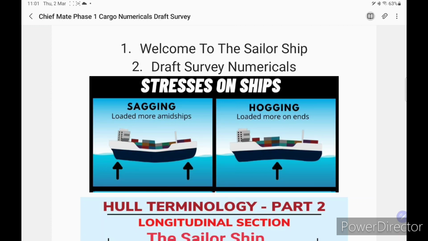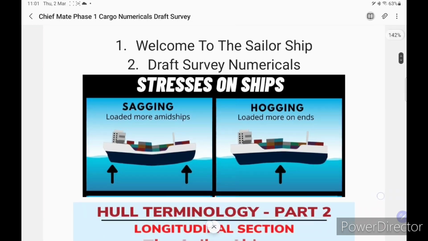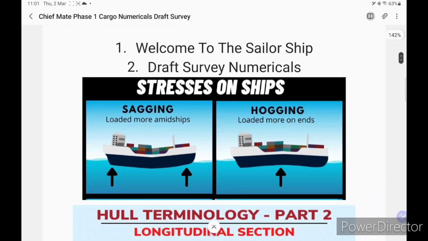You should know this, learn and memorize this, because they will ask it in the exam. I will discuss some 4 or 5 questions in which we generally use sag and hog. By the diagram you can understand, you can see by the figure, sag has more load in the midship direction and hog has less in the midship direction.